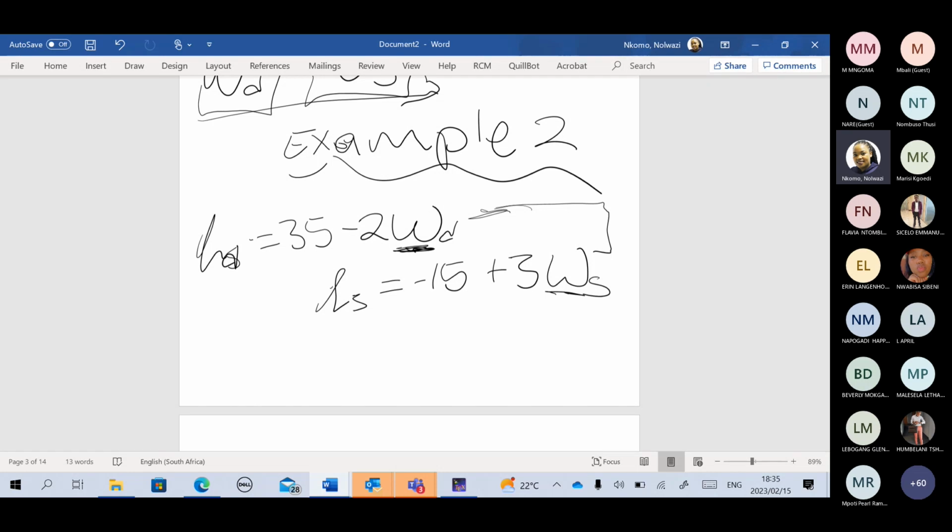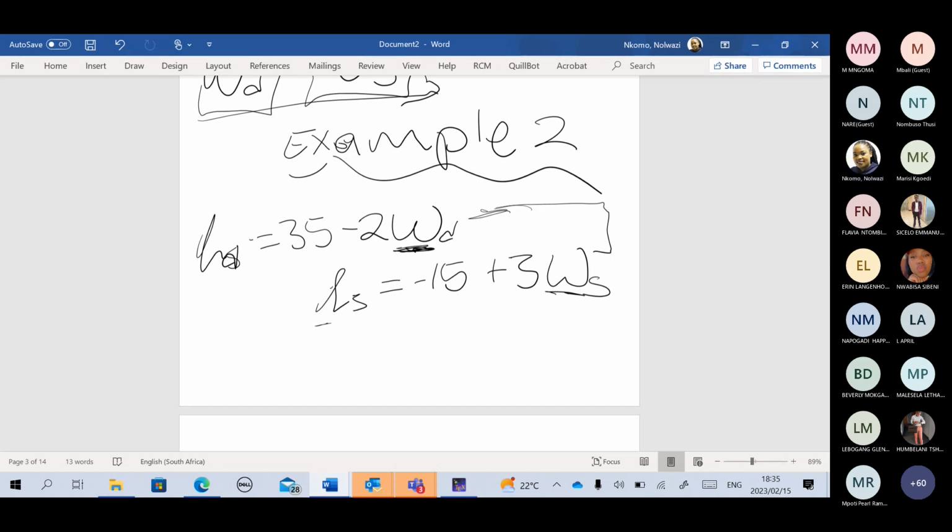And if these two were the functions of L, then we would have equated them and we would have obtained L, which is the number of workers at equilibrium.